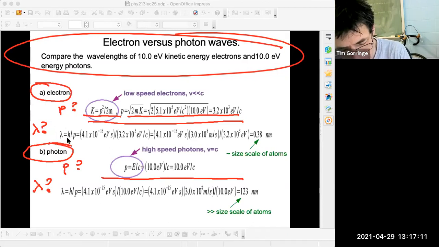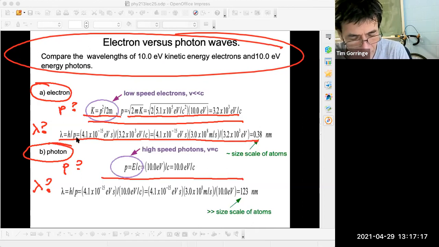Okay, then I can plug that momentum into this relationship between wavelength and momentum. This is the de Broglie wave relationship again, so we've used this before. I'm just going to take Planck's constant, which I'm now using in electron volt seconds, and divide it by the momentum.